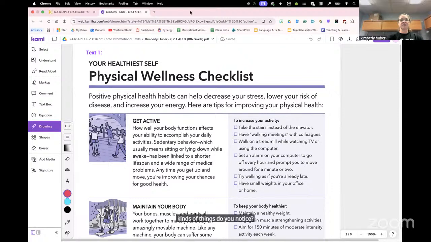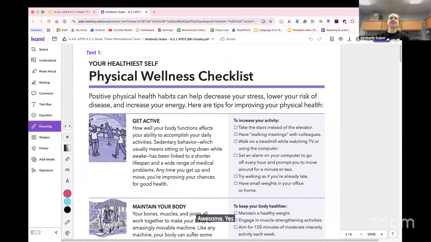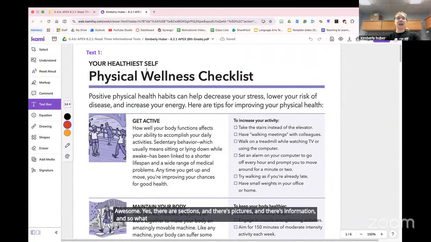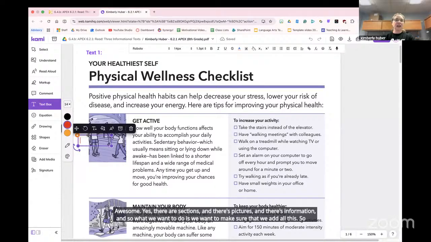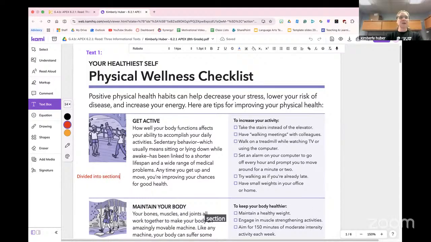Think about what we just wrote down on our whiteboard. Awesome. Yes, there are sections and there's pictures and there's information. And so we want to make sure that we add all this. Like, hey, it's divided into sections. And then we might want to be thinking about what those sections are as we start reading.